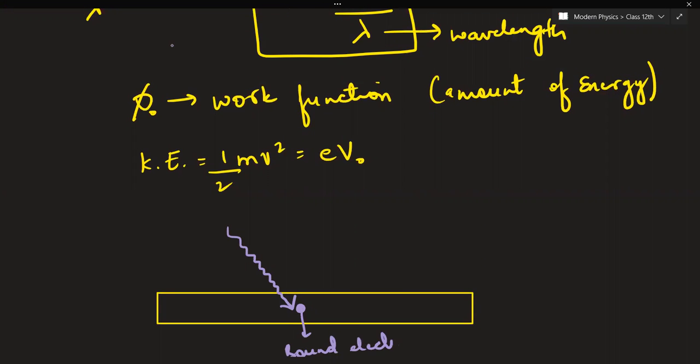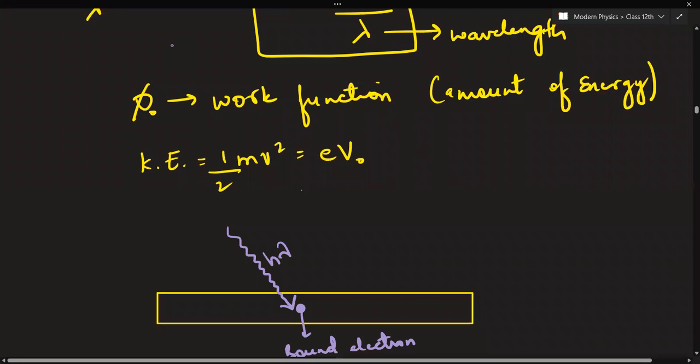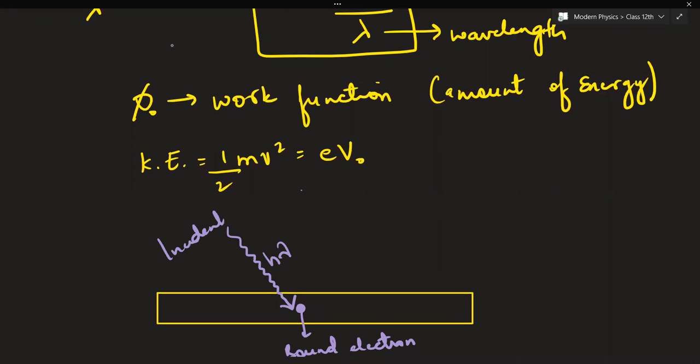It has to be made free, because if a suitable frequency, h nu, that is some amount of energy, is given, this is the incident photon, and when you give this amount of energy, it means the photoelectron has been ejected. This is now the photoelectron that has been ejected.